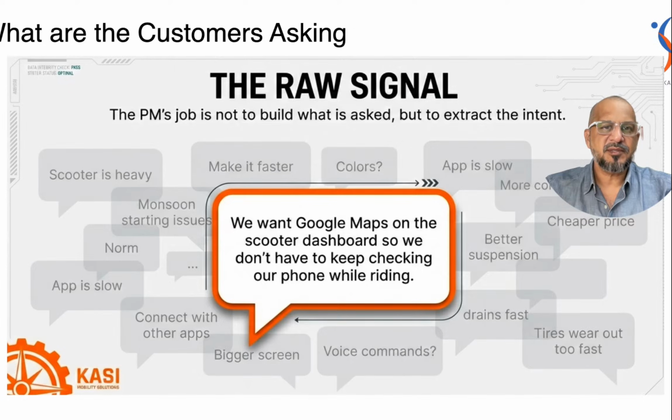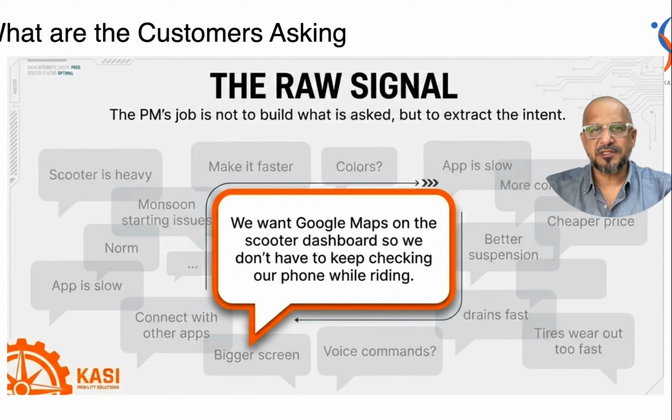Very simple. What is the raw signal, right? The product manager's job is to understand what signals are coming from the market, and these signals could be from the customer, where the customer is directly telling you something works, something doesn't work, or telling you, hey, this works, but can you do this better?